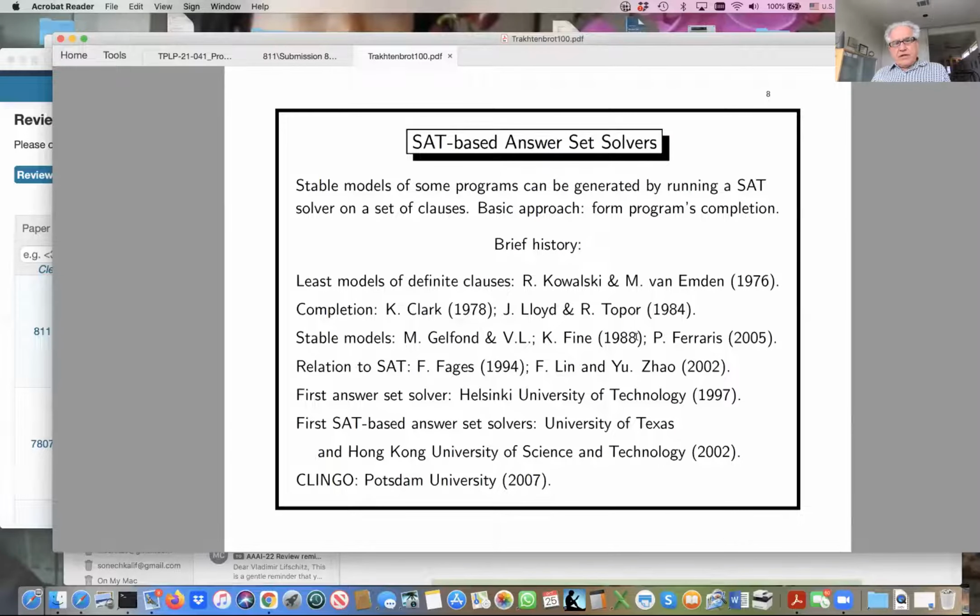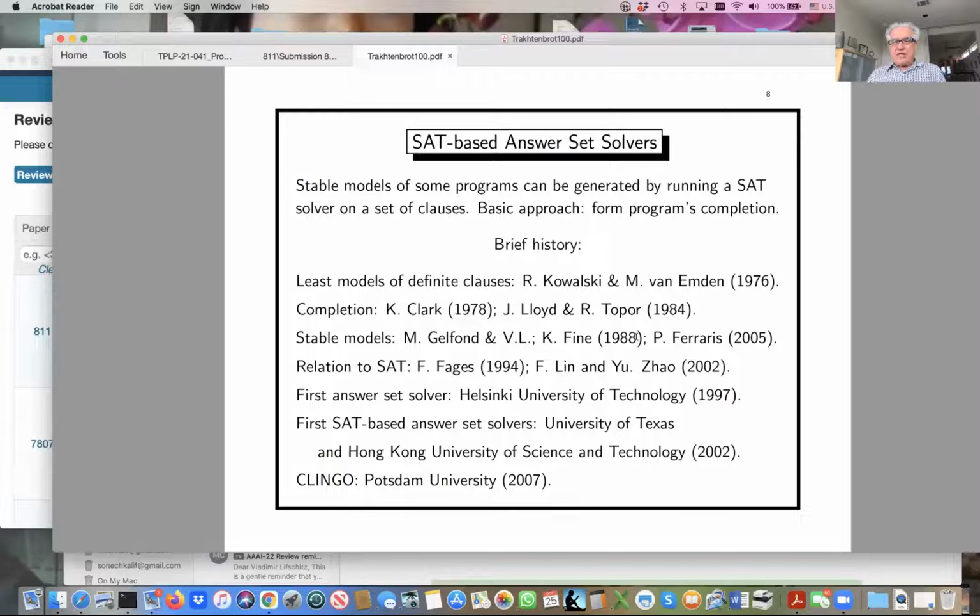And we'll talk today about one of many available approaches to this problem, what is called the SAT-based approach to answer set programming. As we discussed, the problem of finding stable models is somewhat similar to the problem of finding satisfying truth assignments for a set of clauses.